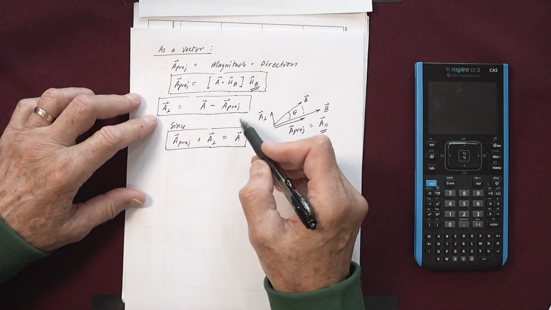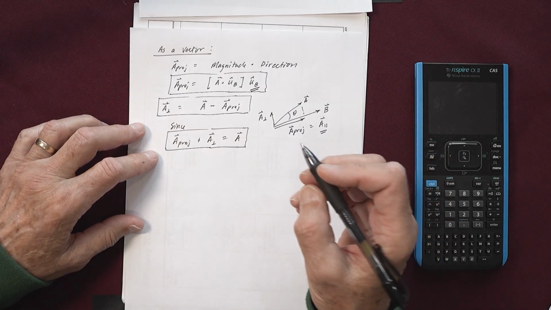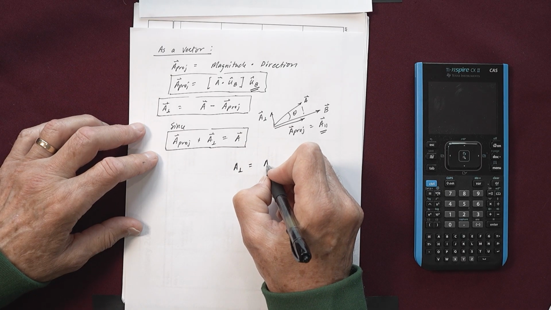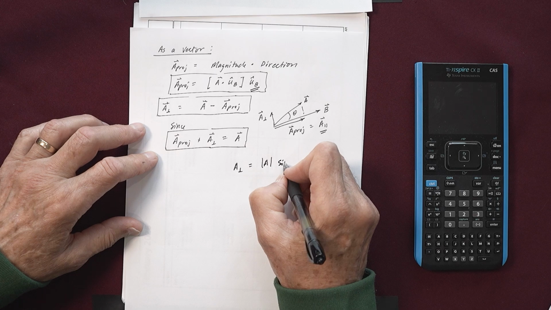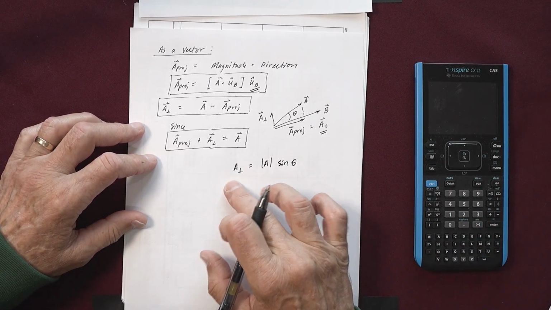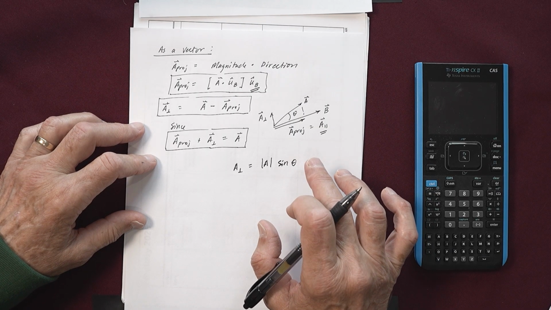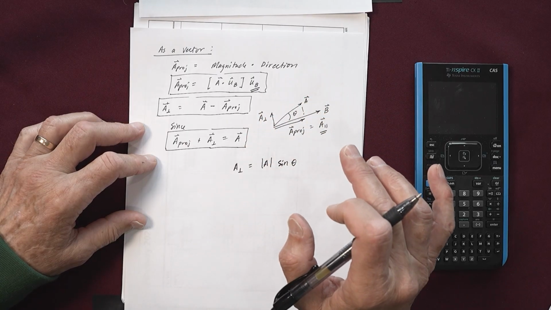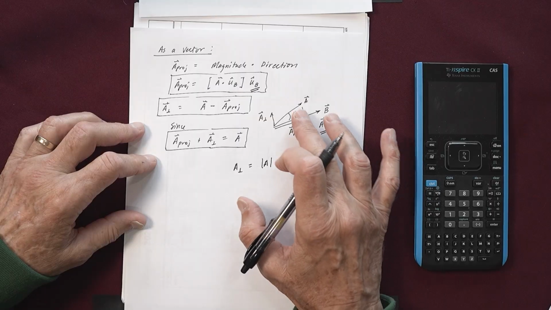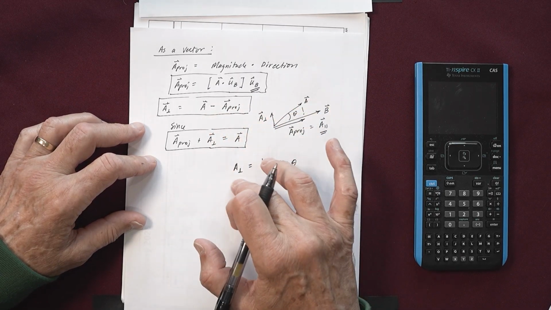You can also get the A perpendicular magnitude as A times the sine of theta, which is what you found. So it's easy to get the A projection's magnitude. Getting its direction is a little harder, but writing the A projection vector and subtracting that from the A vector will give you the perpendicular as a vector.